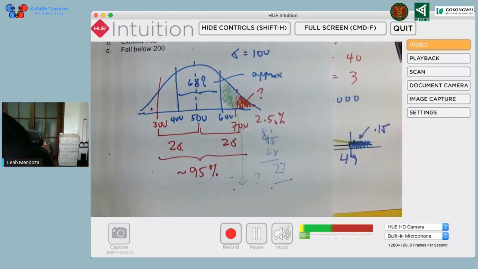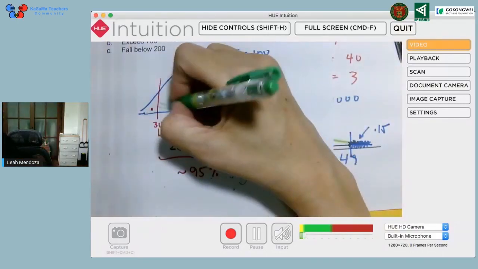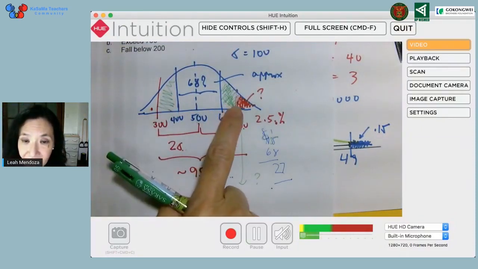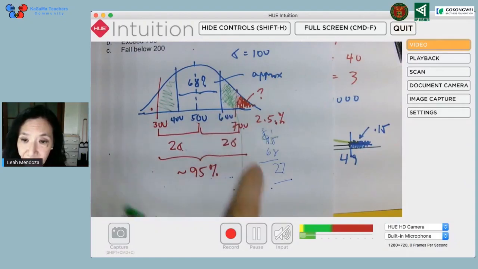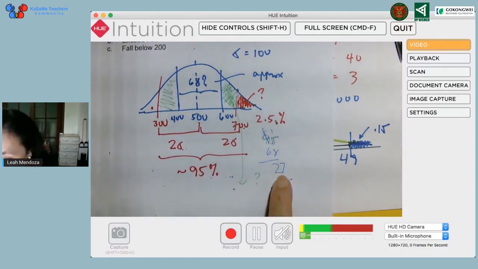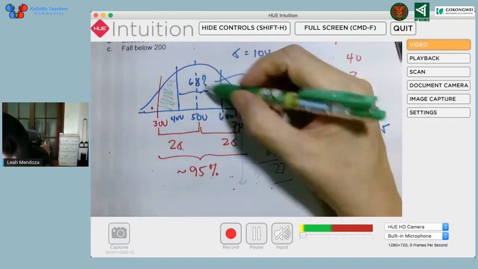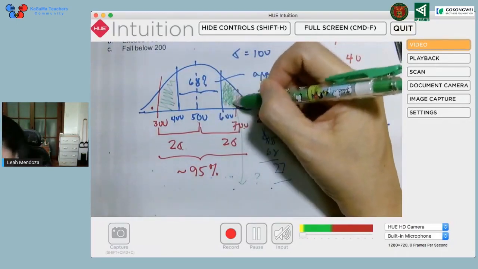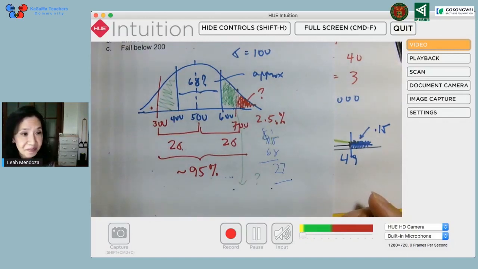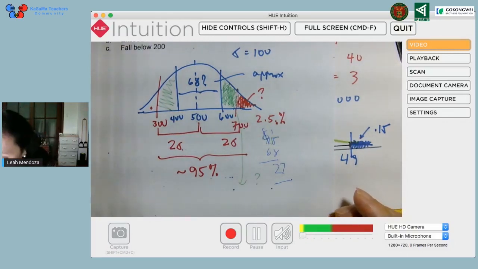So, if I also color this green, this plus this other green area here would be 27%. Okay? But I am only asking for this one. And that is 13.5%. Very good.